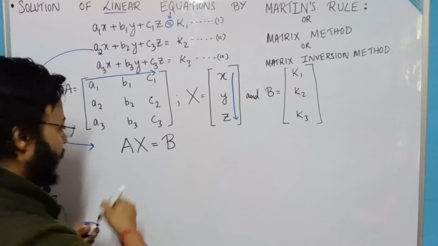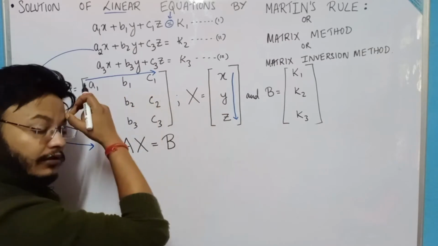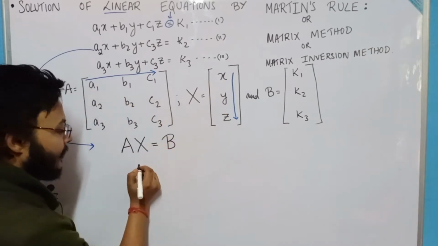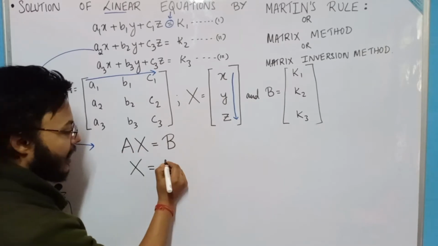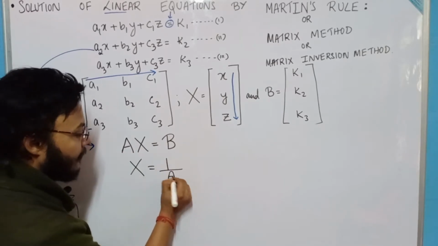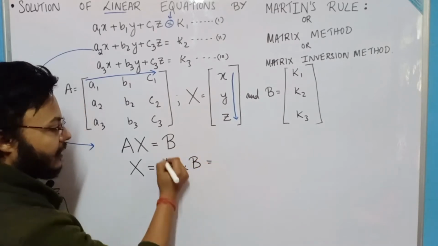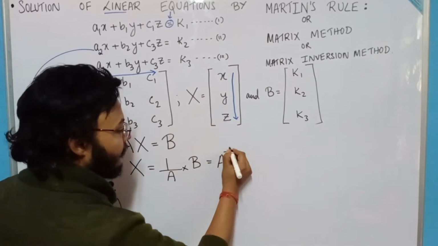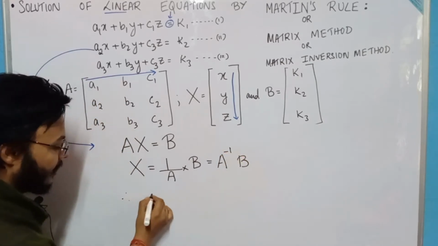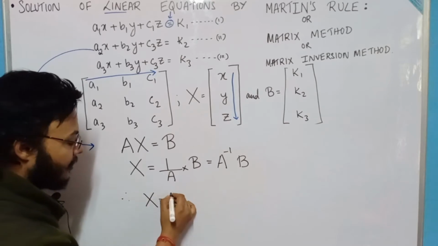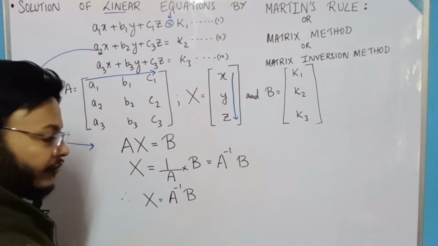So now we have to find the value of x, y and z. X equals this A, so I take A to the other side, it will be 1 by A into B. So it will be A inverse B. Therefore the answer for X equals A inverse B. This is your formula for Martin's rule.